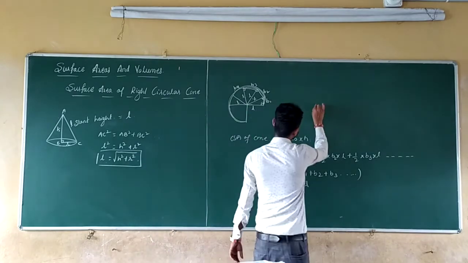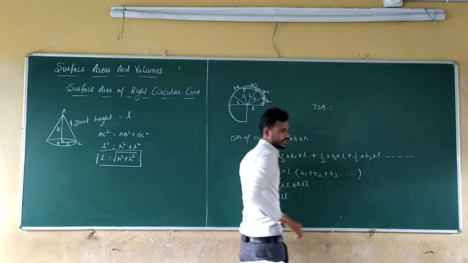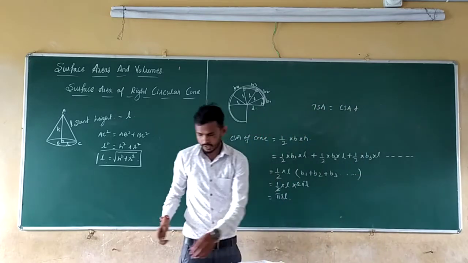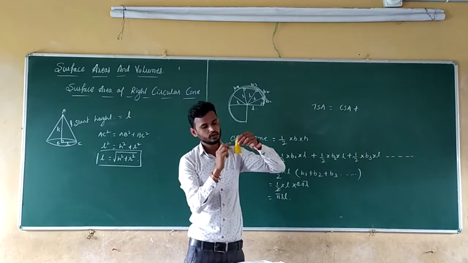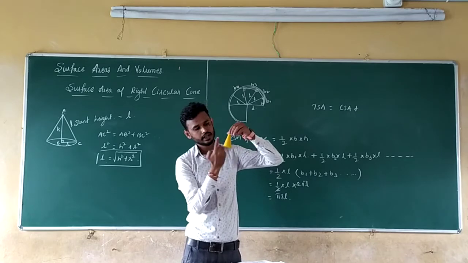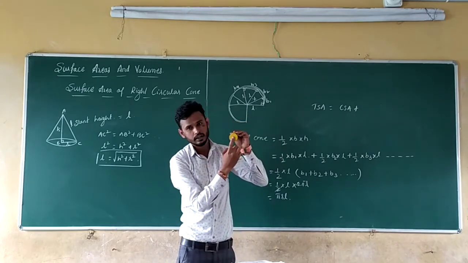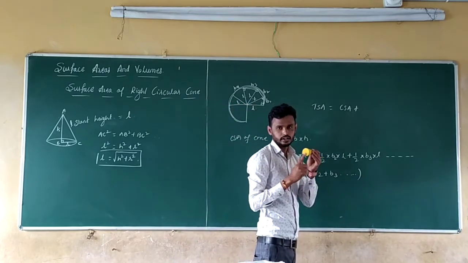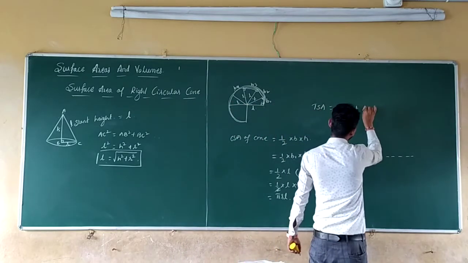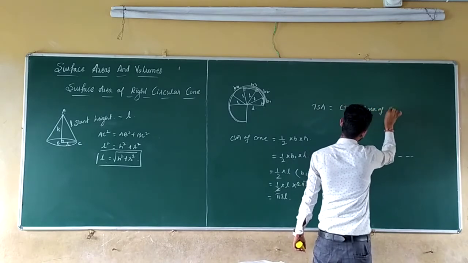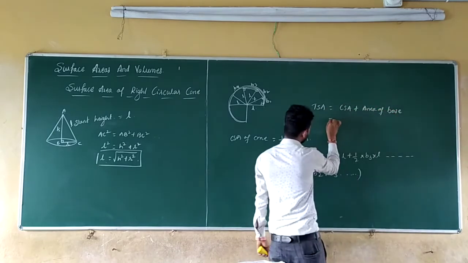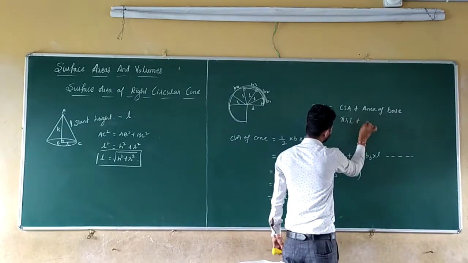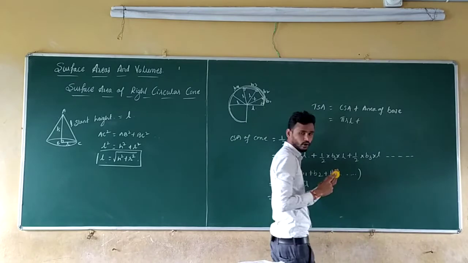Next, TSA. TSA means the total surface area of the cone, which is equal to CSA plus the area of the base of the cone. The CSA of the cone is pi r L, plus the area of the base, which is circular in shape.